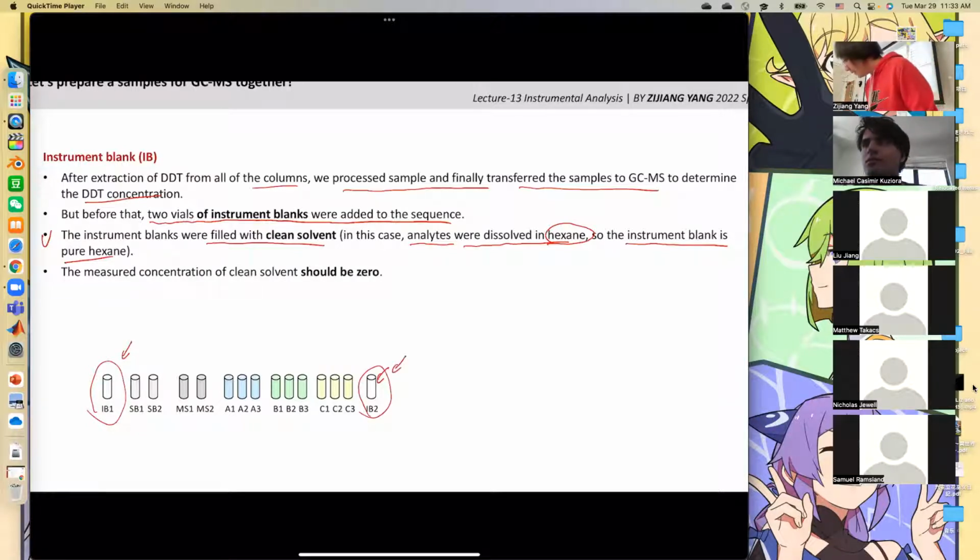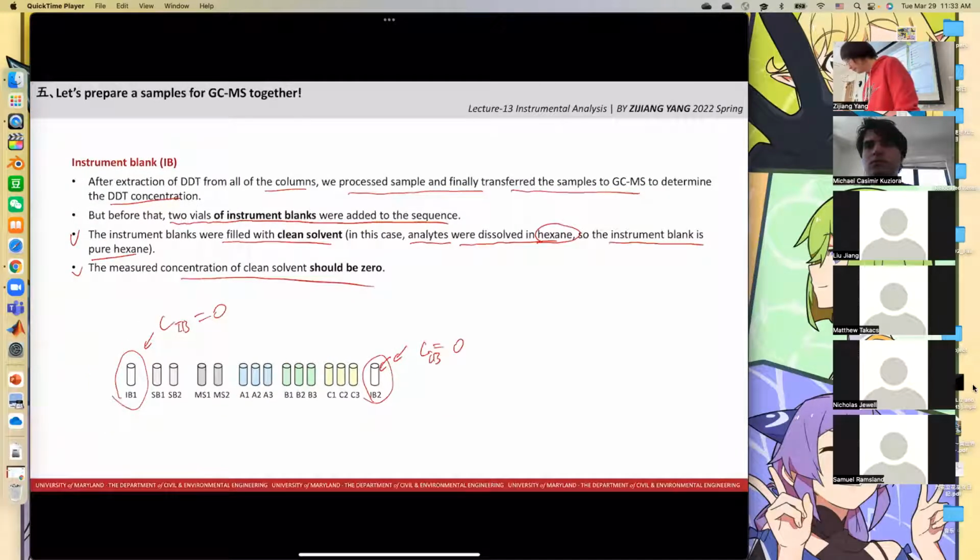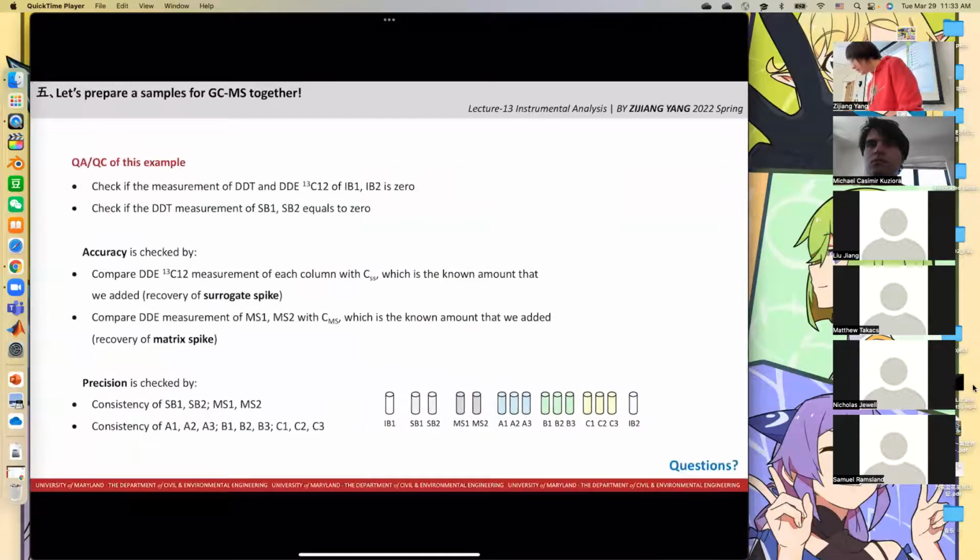Then the measured concentration of the clean solvents, or the instrumental blank, should be 0. CIB should be 0. So if the CIB does not equal 0, we can say there is something wrong with the instrument or something wrong with the hexane. So those are all of our samples.